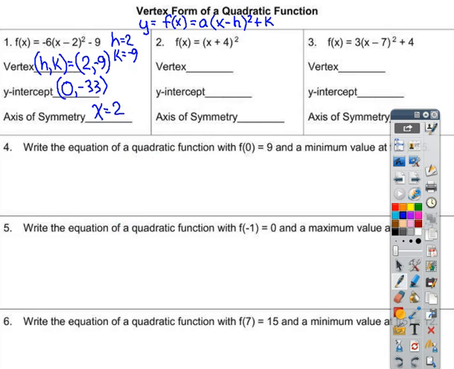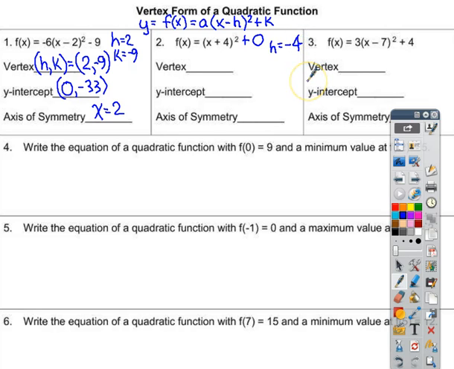Okay, moving on to question number 2. We're going to look at the function they gave us. They said f of x is equal to quantity x plus 4 squared. If we notice, we do not have a k value, so that's the same thing as saying k is equal to 0. Our vertex is going to be h, k, so the first thing we're going to do is write down that h is equal to a negative 4.